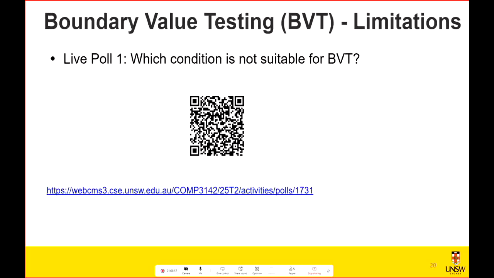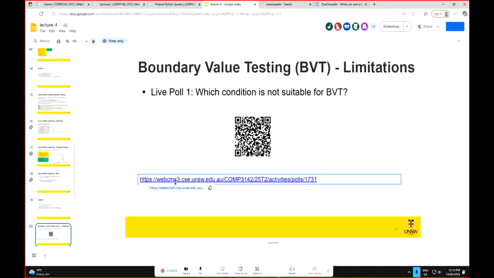And before we do the actual comparison, let's first think about the limitation of the very first technique we learned, boundary value testing. So let's consider which condition is not suitable for boundary value testing here. So in this example, I'll leave this QR code for now if you want to scan it.